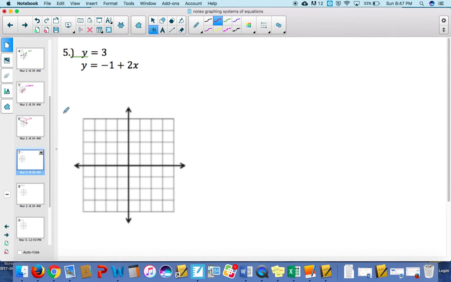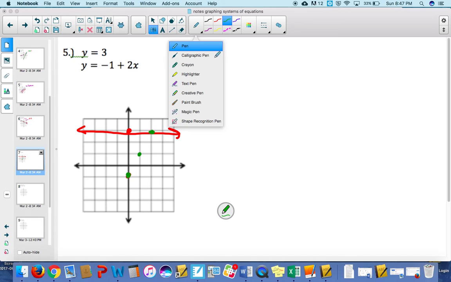Example number 5, we can see here that we have a horizontal line. So we're going to go to 3 on the y-axis and draw in our horizontal line. And we're going to start at -1 on the y-axis for equation number 2, and it has a slope of +2 over 1.